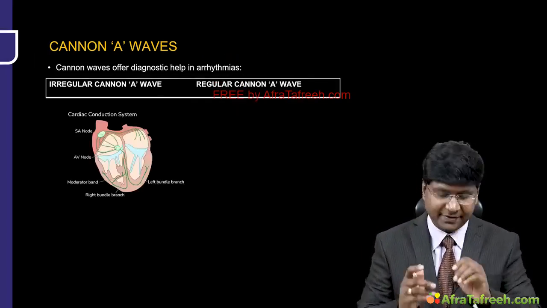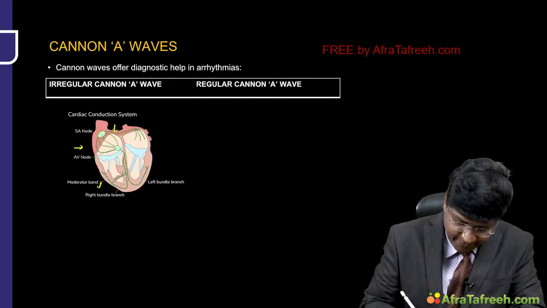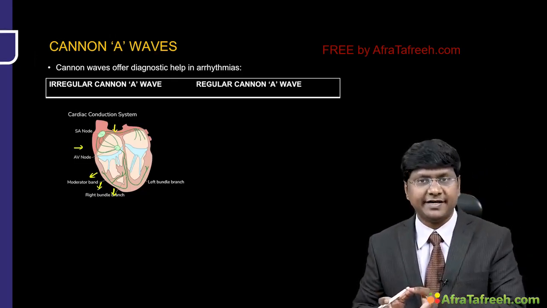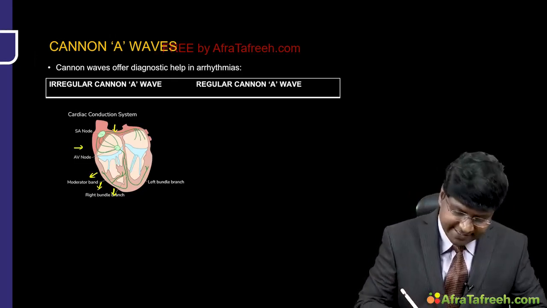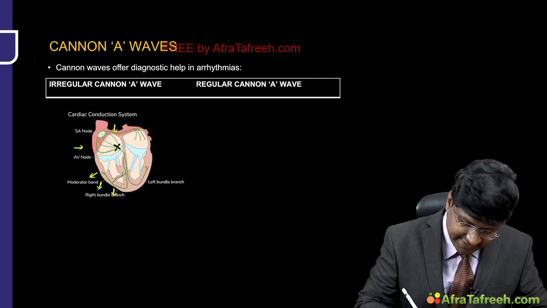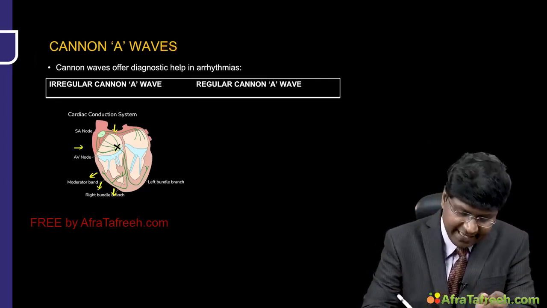See, what should happen whenever the right atria is contracting, the right ventricle should be in a state of relaxation and should be in a position to receive the blood from the right atrium. But let us just assume that there is a complete heart block. Right, there is a complete heart block. So once there is a complete heart block, what will happen?